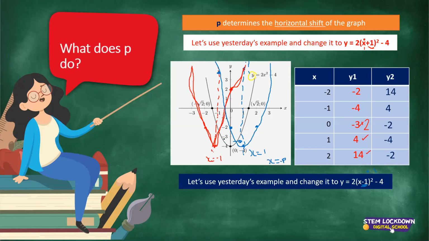But yes, we've had a shift in our graph where even our axis of symmetry has shifted by 1 unit to the right. So when your P is negative, your graph shifts to the right. When your P is positive, your graph shifts to the left. Okay, that's pretty much the principle.